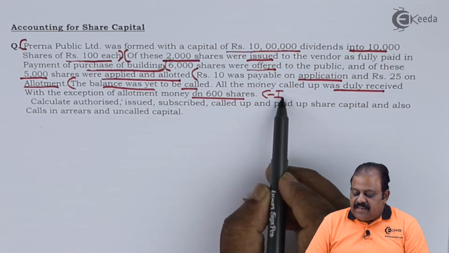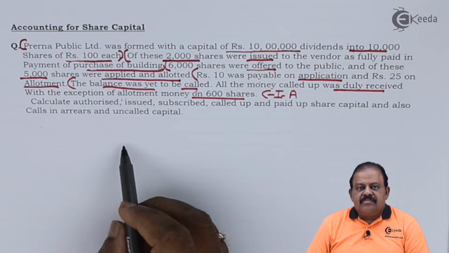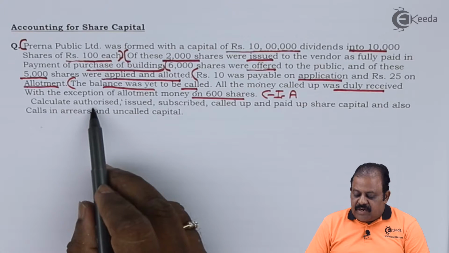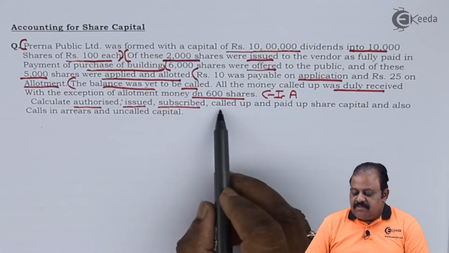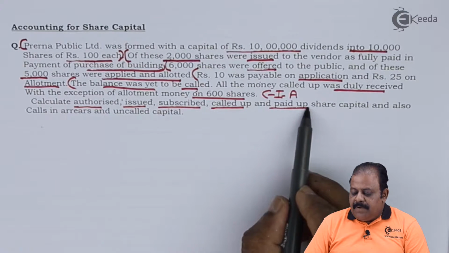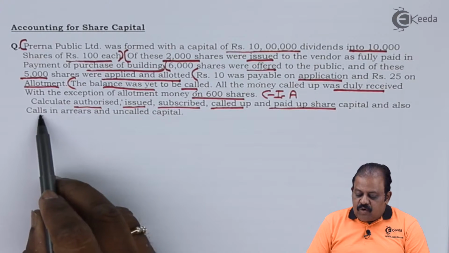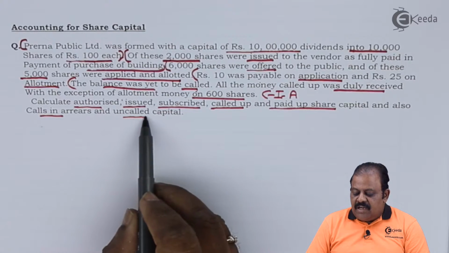This is calls in arrears. Calculate authorized, issued, subscribed, called up and paid up share capital, and also calls in arrears and uncalled capital.